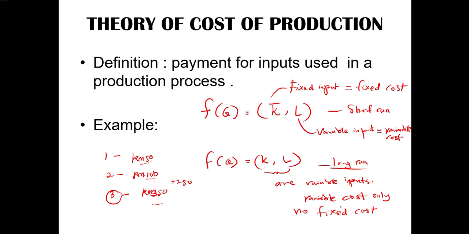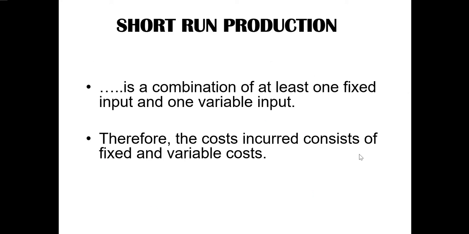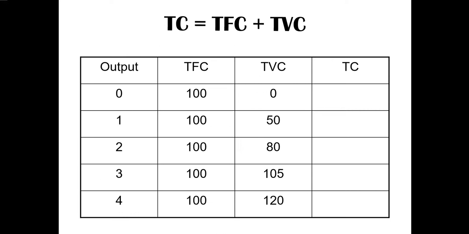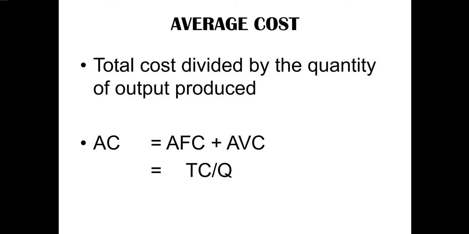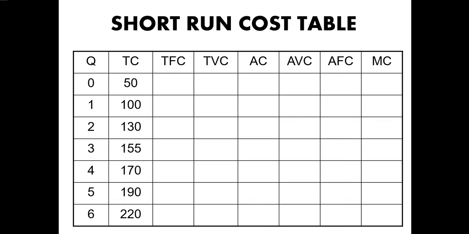So it is very easy for you to identify whether it is a long run or a short run depending on the types of cost available in the table. Tapi bear in mind, for example dia keluar table kan, table macam ni kalau calculation dia suruh awak calculate, dia ada banyak jenis cost, nanti I will explain one by one. Banyak benda yang kita kena calculate here.